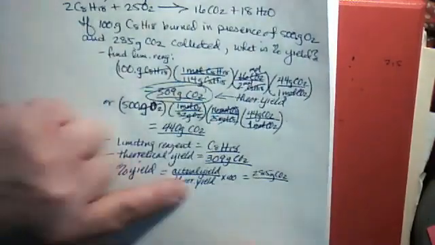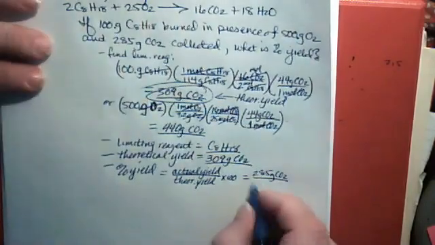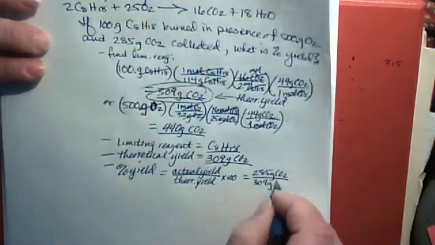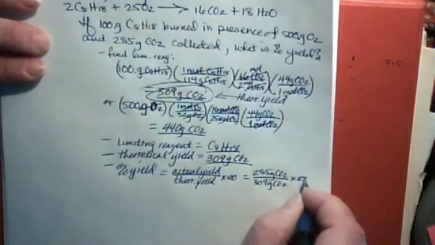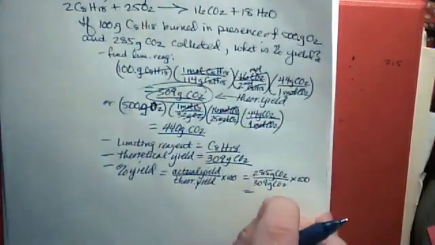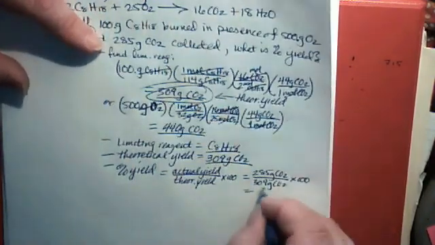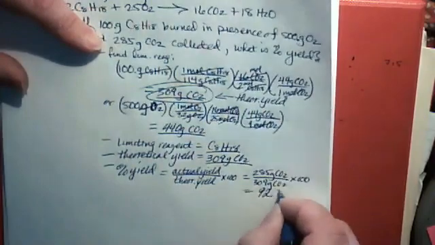And the theoretical yield is the one that you calculate, which is the 309 in this case. And 285 divided by 309 times 100 is 92.2%.